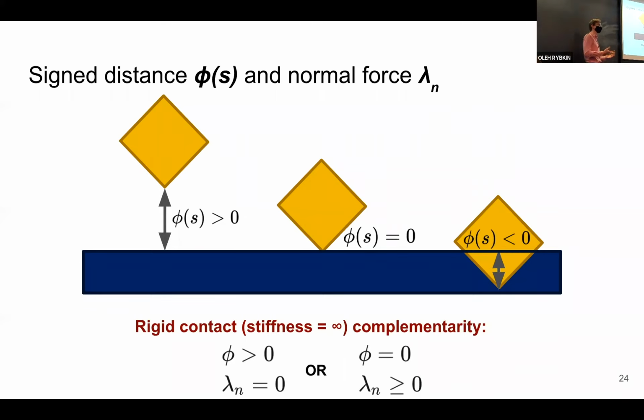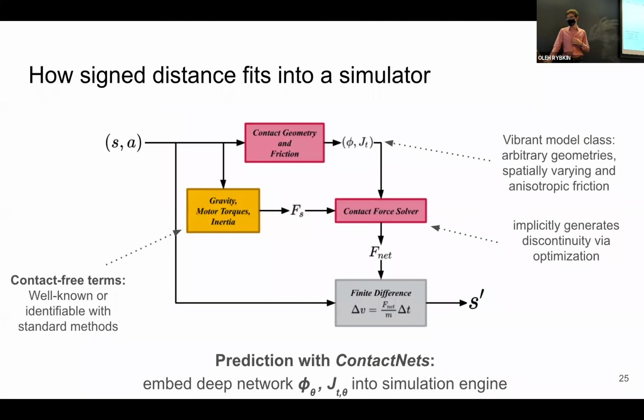You can only have contact forces between objects that are touching. Or in the other case, objects are just barely touching each other, and then the force between the objects will be something that prevents them from interpenetrating.